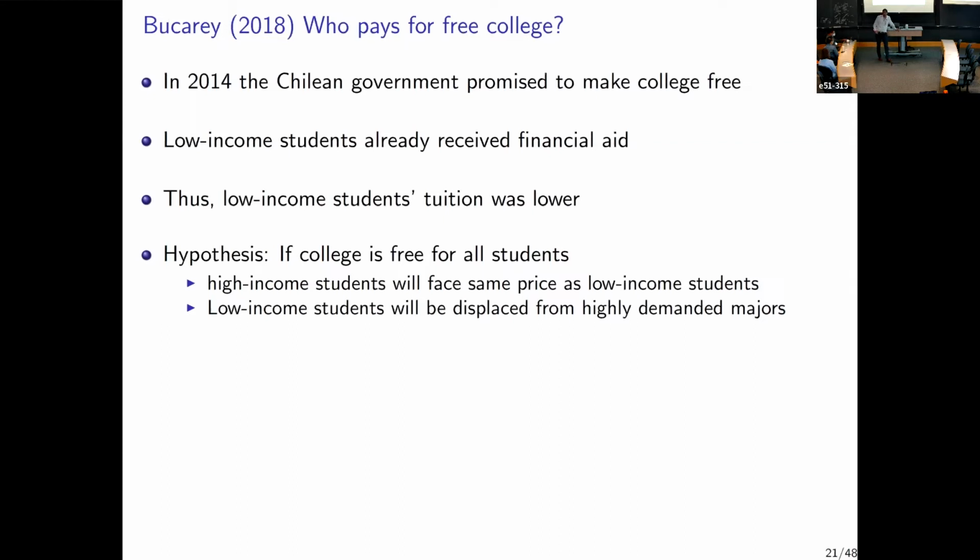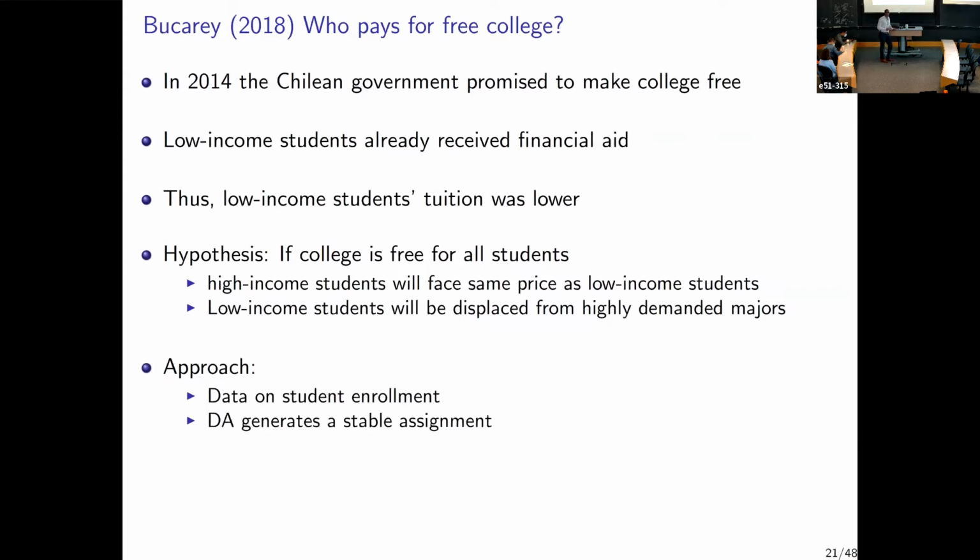Maybe, we don't know. That depends on whether high-income students prefer the same schools as low-income students, so that they're going to displace them, and if they are sensitive to prices, essentially to tuition. So what Alonso did in this paper is to take data on student enrollment. They have a national test with several categories, and each school weights different components of the test differently.